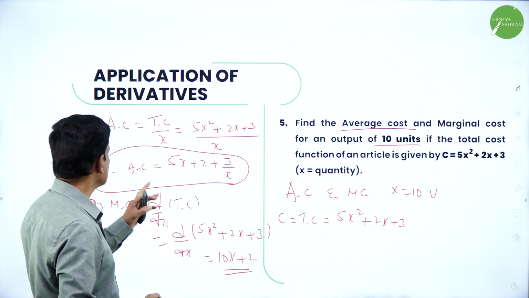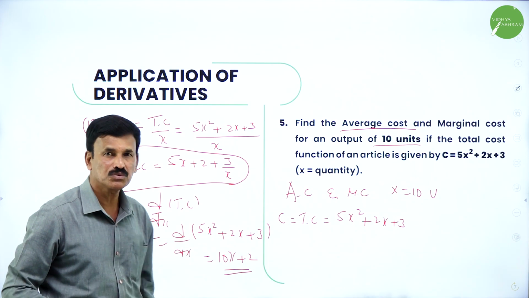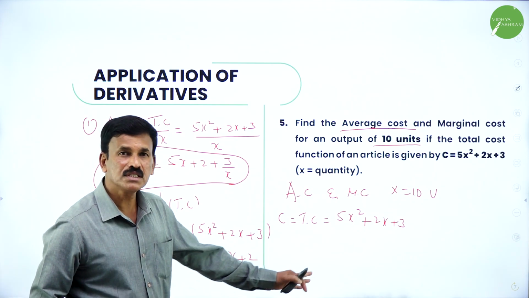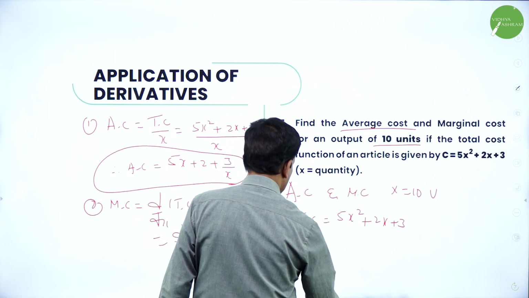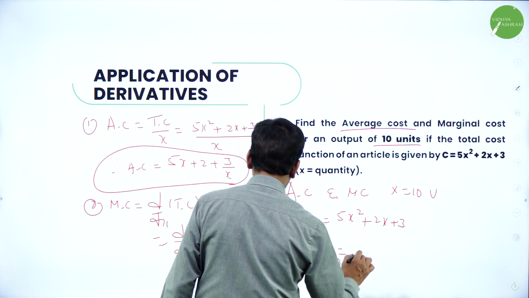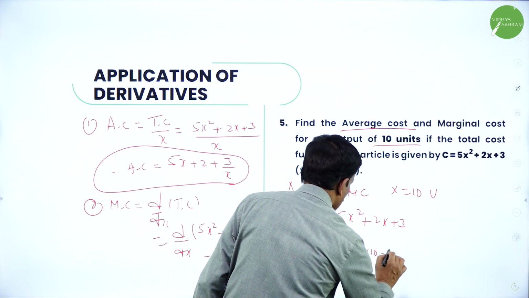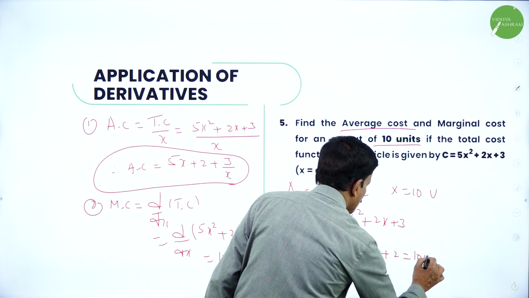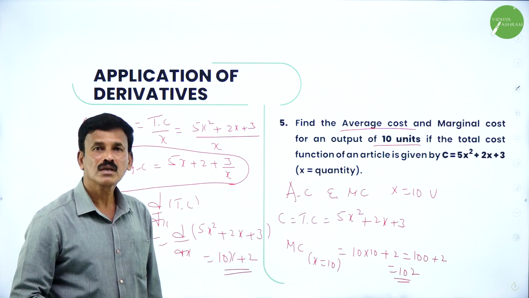So AC is equal to 5x plus 2 plus 3 by x, and MC is equal to 10x plus 2. That's it. So the marginal cost of output x is equal to 10 is, substitute here, 10 into 10 plus 2, that's equal to 100 plus 2 is equal to 102. That's it. Right.